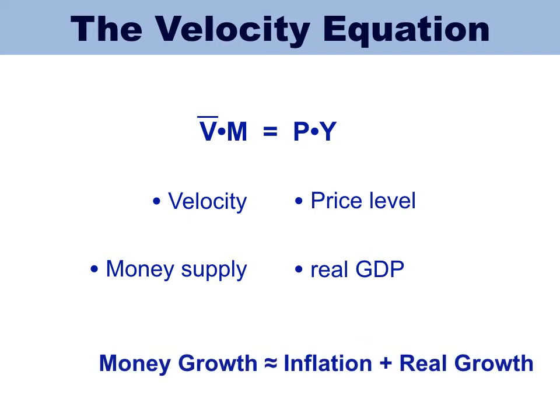Since we're holding velocity constant, we can approximate the percentage increases in these factors by saying money growth is approximately equal to inflation plus real growth. Now, we've already done this type of equation when we looked at production is equal to productivity times population.